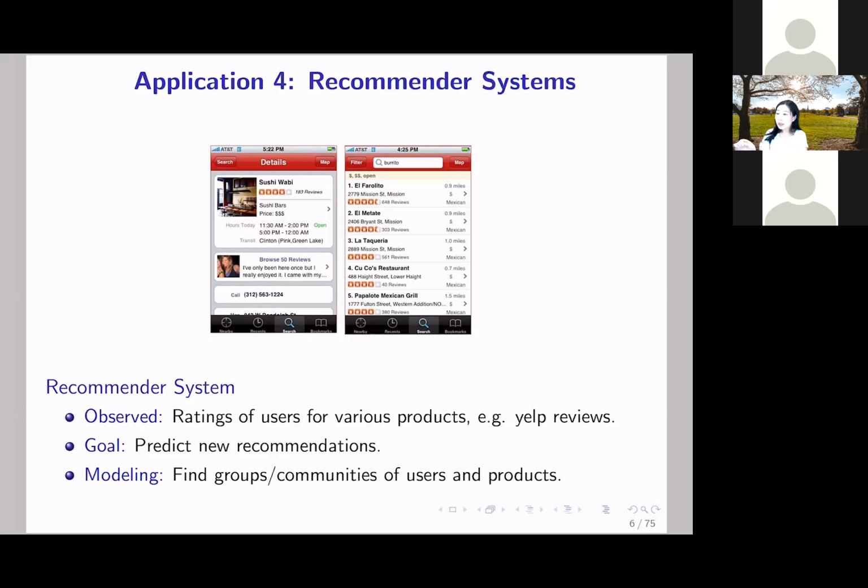So there is a number, but more importantly, I might even write review text associated with it, right? So not only is my edge represented through a number, but it's also represented through a sequence of text, right? So that becomes more complicated, but that still falls into the regime of using latent variable models to solve these problems.